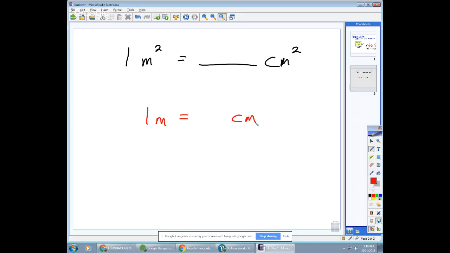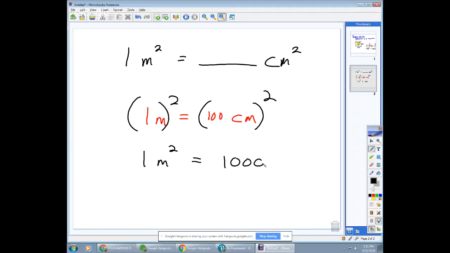Anybody remember how many centimeters in a meter? 100, yeah. So to do the conversion, we're going to have to square both sides of this conversion equation to get one that relates to area. So the left side is going to give me my 1 square meter, and 100 times 100 is going to give me a 1 with 4 zeros. So that means inside a square meter, there'd be 10,000 square centimeters. A whole lot of square centimeters.